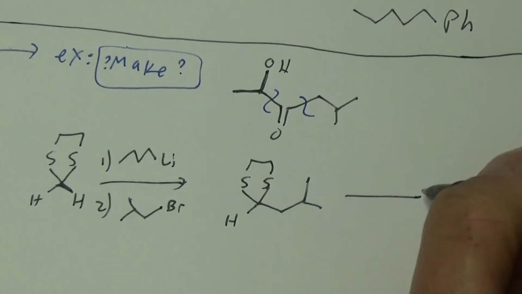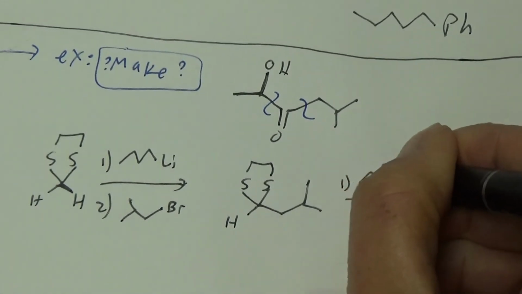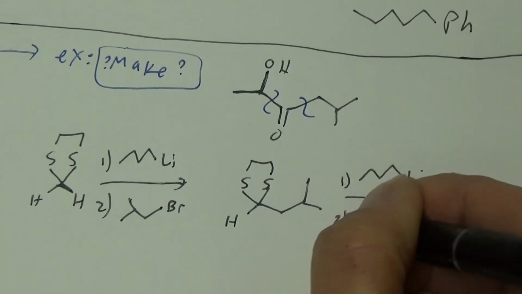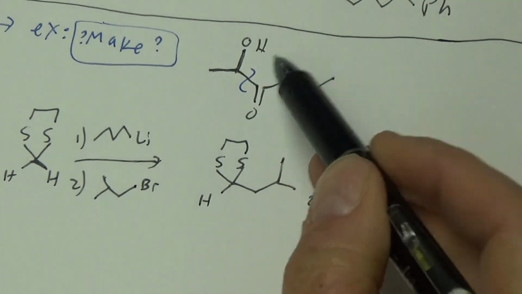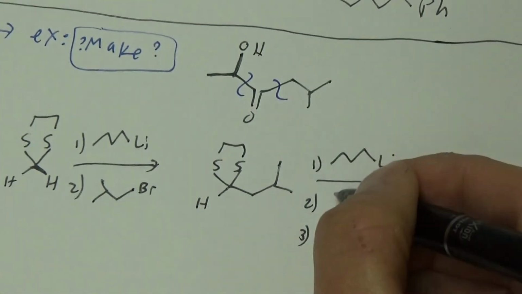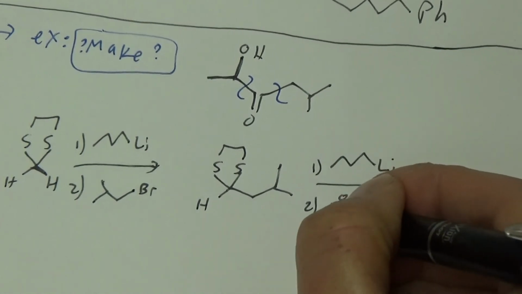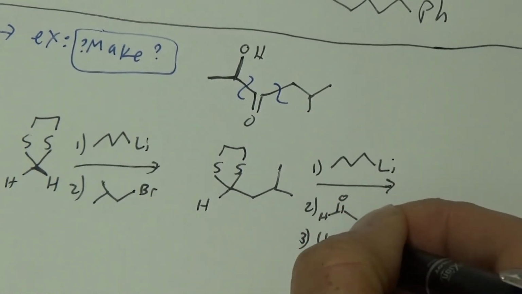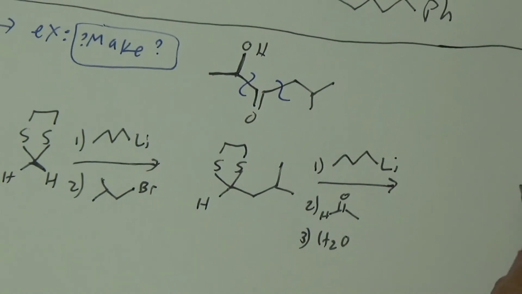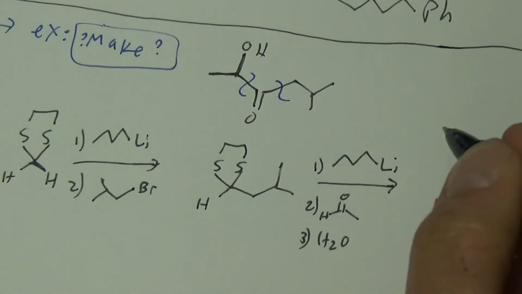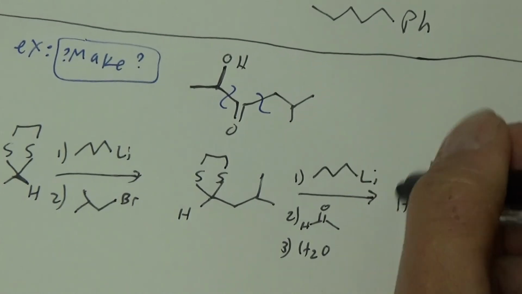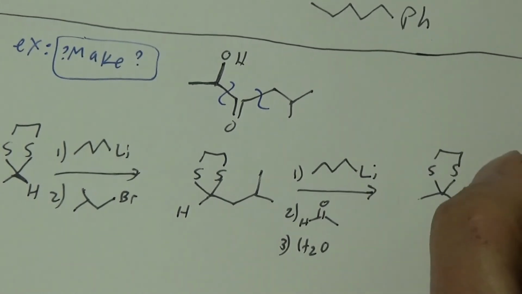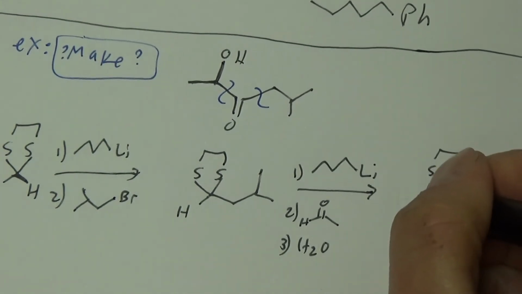And then how do we attach the left side? Butyl lithium, something and something. We said aldehyde, right? Two carbon aldehyde, acetaldehyde. Always need that water step when we attack an aldehyde or ketone or epoxide. Alright, so that gives us, whoops, sorry, now we got hydroxy group, ethyl.